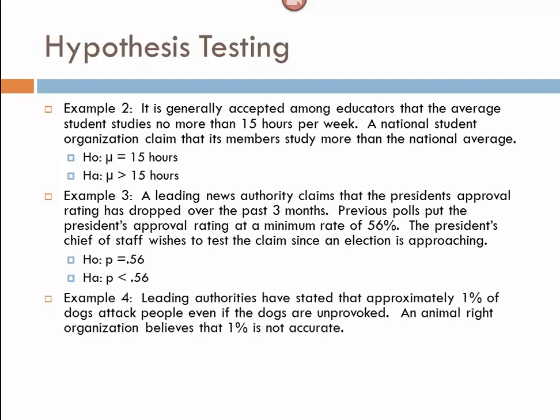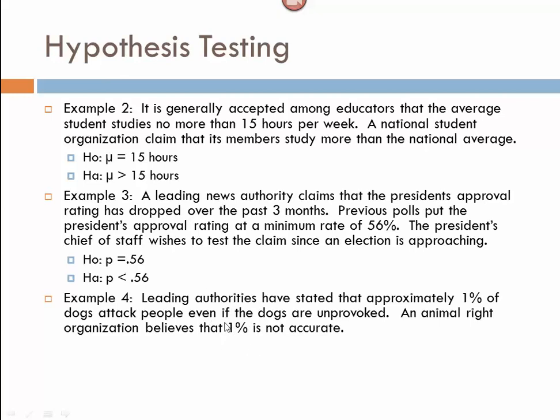Example 4. Leading authorities have stated that approximately 1% of dogs attack people, even if the dogs are unprovoked. An animal rights organization believes that 1% is not accurate. Pause. In this case, we are not given a real direction. We know that this is, again, a proportion. We're talking about a percentage.